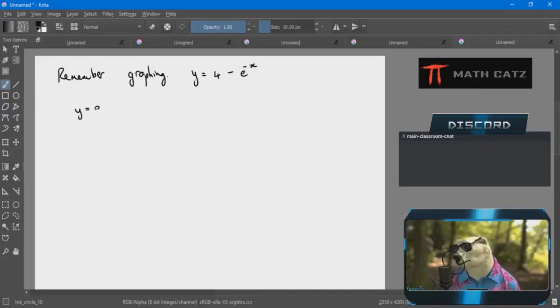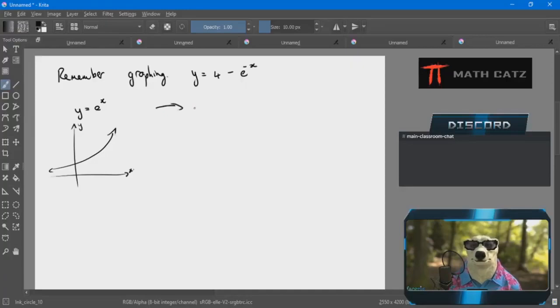Well, I was going to graph a basic exponential function. We're just doing a very rough one. Then I'm going to chain that with, well, you have some options which one to do first. I can rewrite this as negative e to the negative x plus 4.